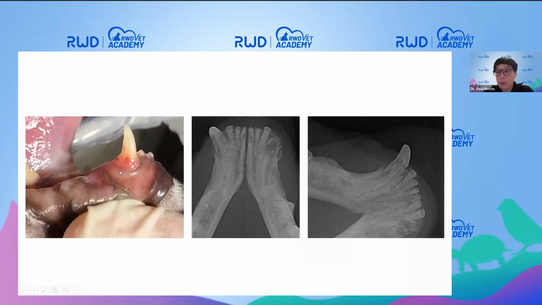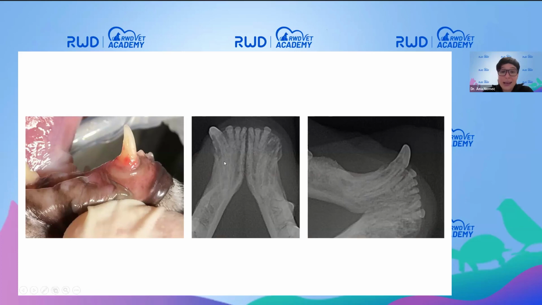So this tooth, we already saw this one. This canine obviously has a lesion exposed to the oral cavity, so the tooth needs treatment. Then we take a radiograph and we see that the majority of the root is actually affected by resorption, and that is type 2 tooth resorption. So by definition, this would be stage 4C, type 2 tooth resorption.